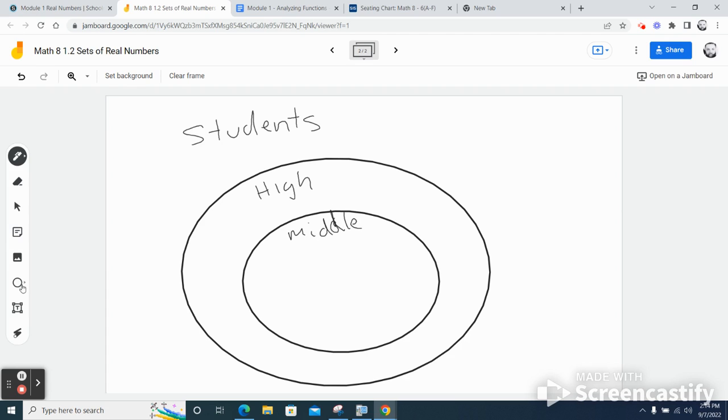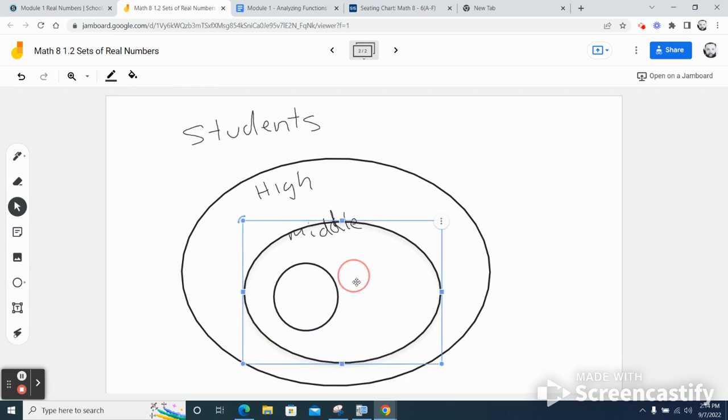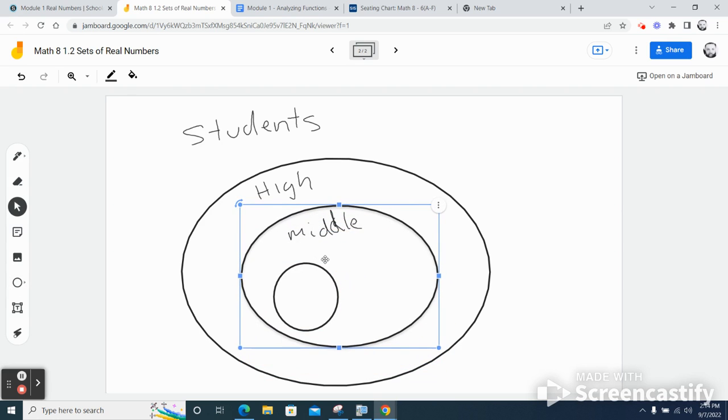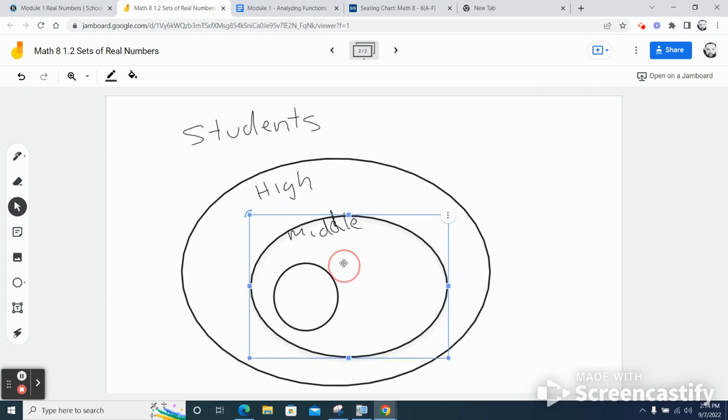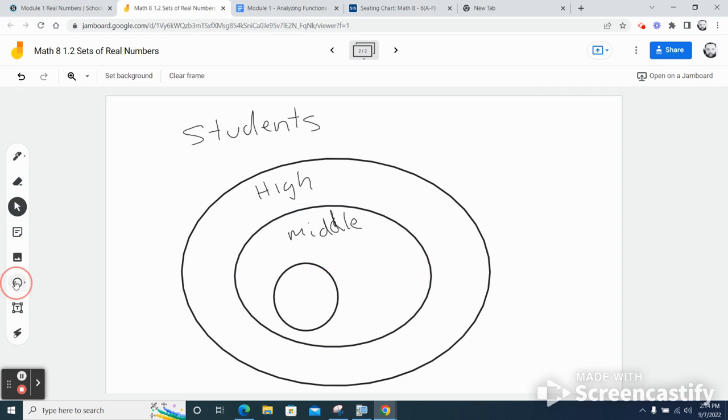In middle school, we have seventh graders and we have eighth graders, right? So if you're in the eighth grade, are you in the middle school?